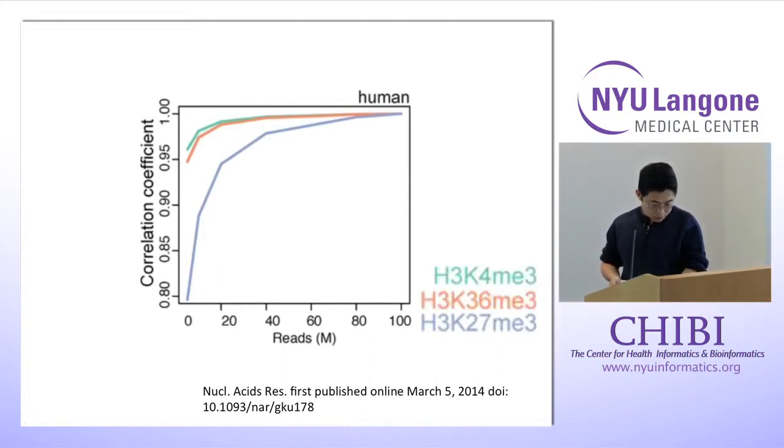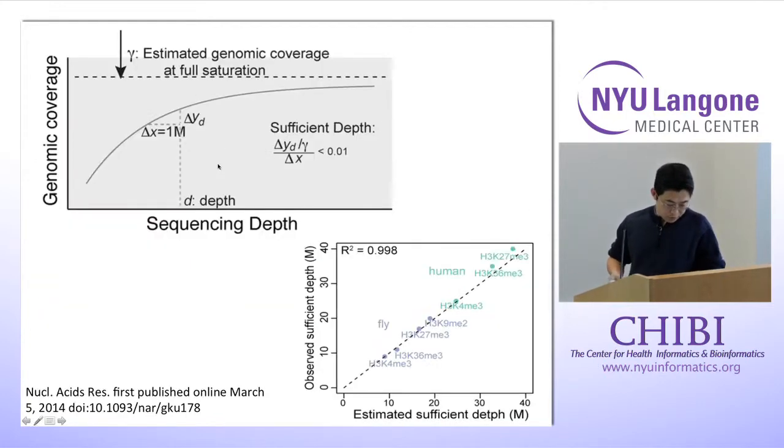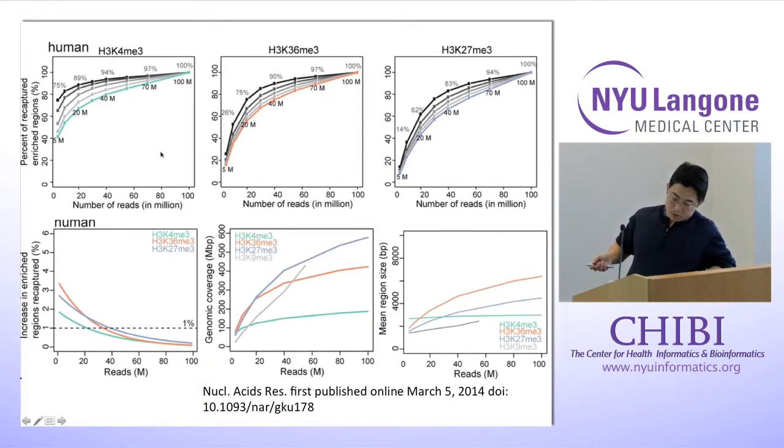This study by Peter Park from Harvard University, published in Nucleic Acids Research, investigated different factors, and we see that for different factors you do need to consider different coverage, different numbers of reads.